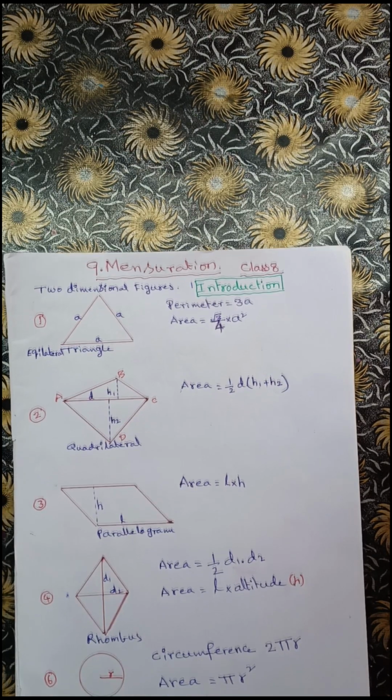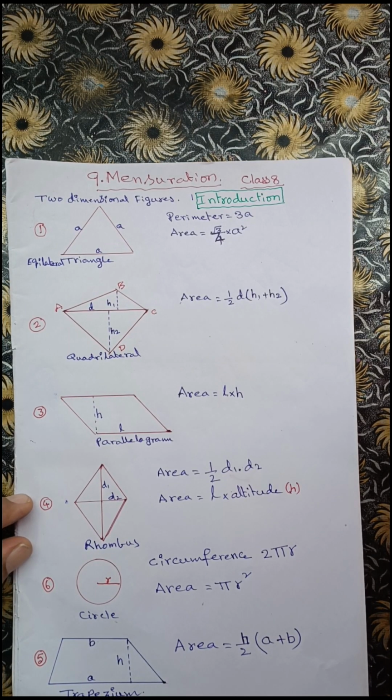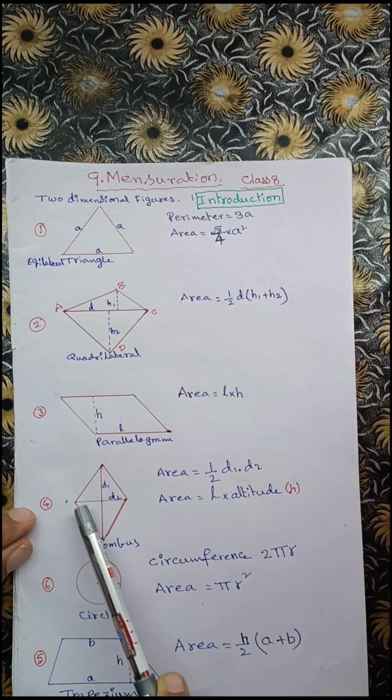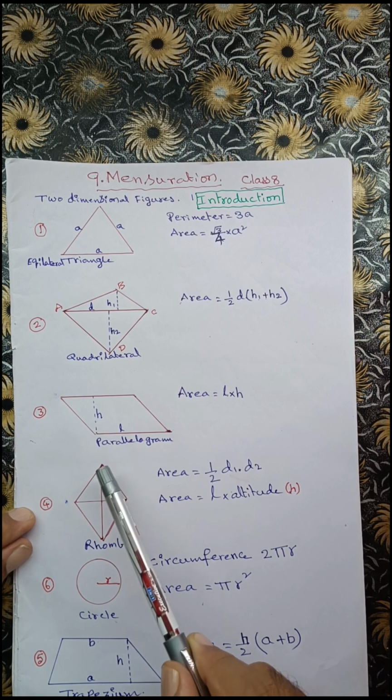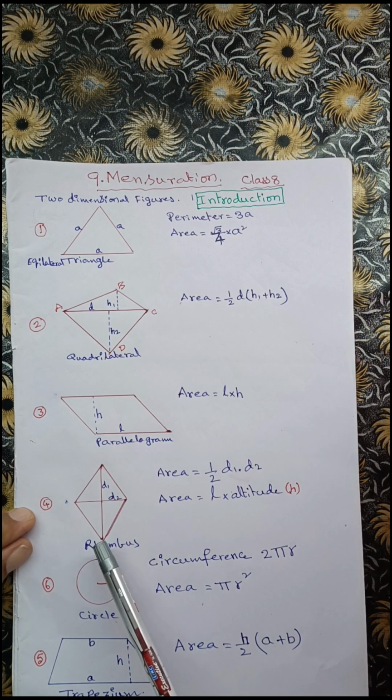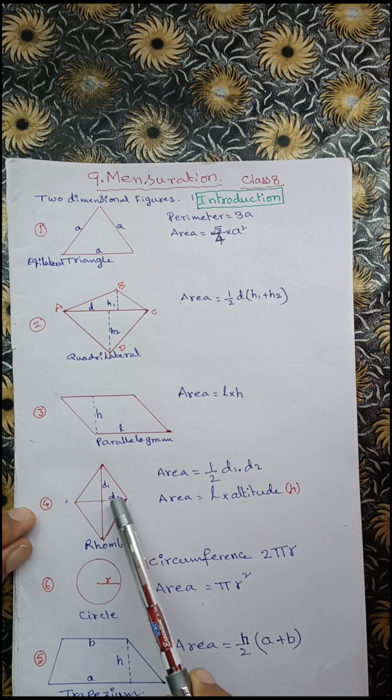The fourth figure is rhombus. In this rhombus, we can see two diagonals. This vertical diagonal is D1 and horizontal diagonal is D2.